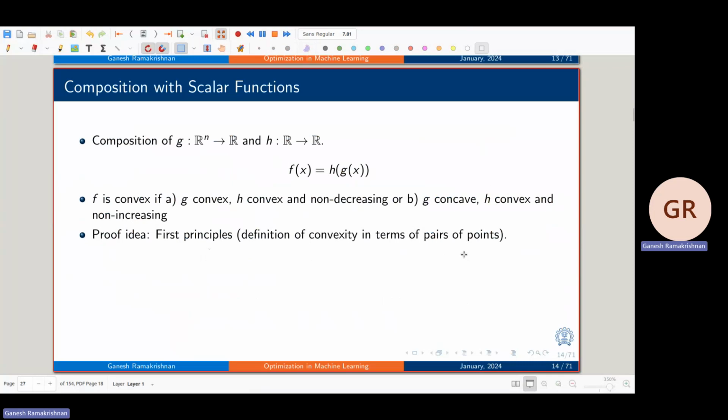Okay, let's look at more. Now, this is a slightly tricky one, but this is very helpful. The third property. Okay, I'll anyway write down log here.